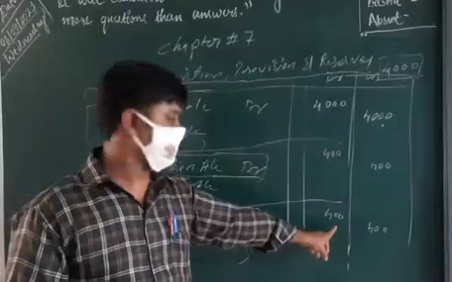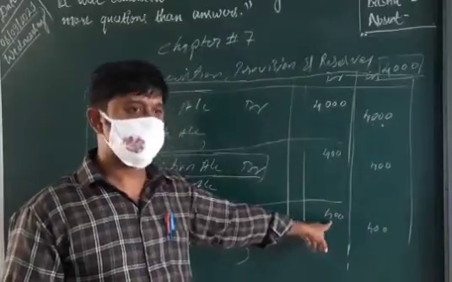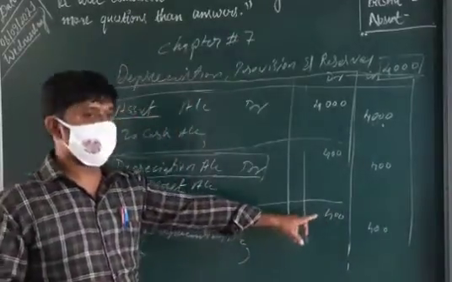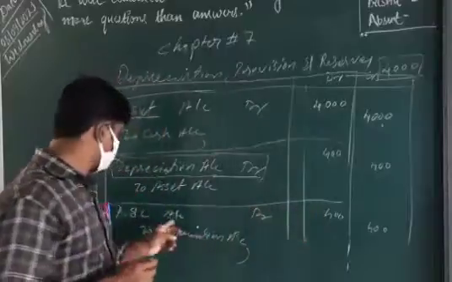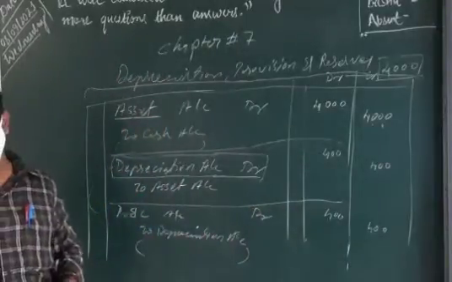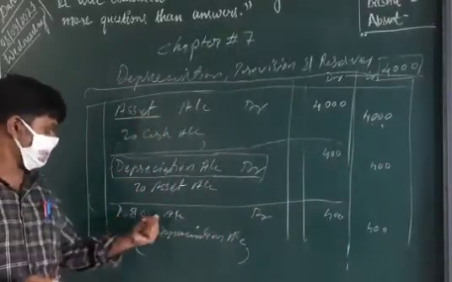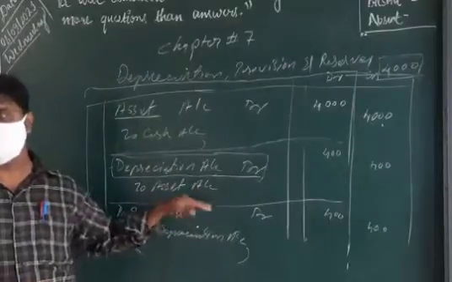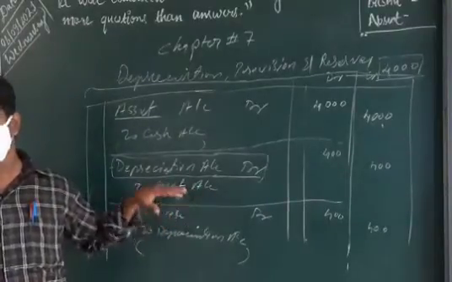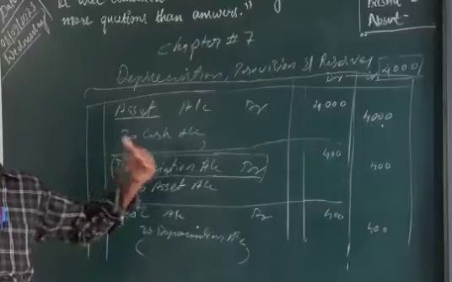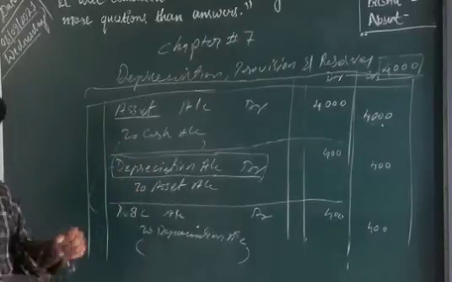You can see that the expense is increased, so we debit that. We charge it to profit and loss. Charging to profit and loss means that in profit and loss we are showing this as an expense, so that expense is increasing.